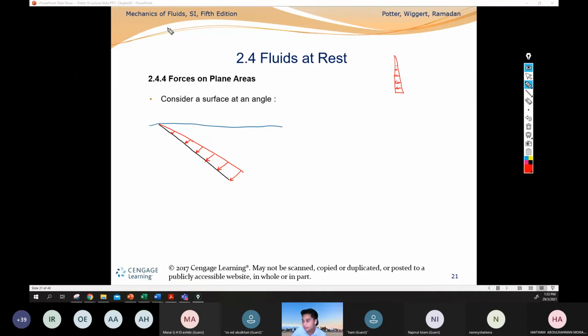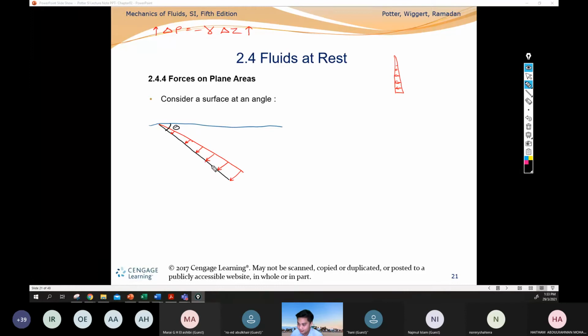Remember our delta P, which is negative gamma delta Z. The deeper the Z, the more the pressure increases. Can you see the pressure? This is the magnitude, the length. Let's say we have a certain angle here, for example theta. And for this case, where is the resultant force?